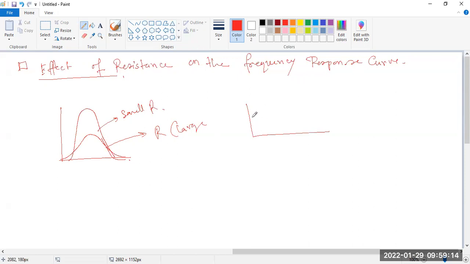If the small R is there, R is the damping factor, then your circuit or system will be oscillating. So small R. If this is a larger R, then your system will be damped and it will reach stability at the under damped condition.